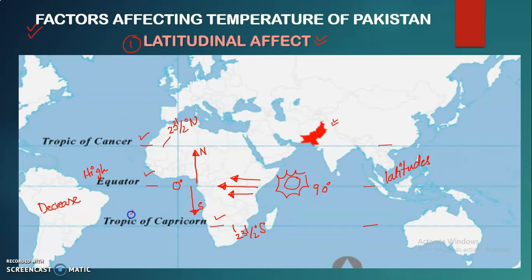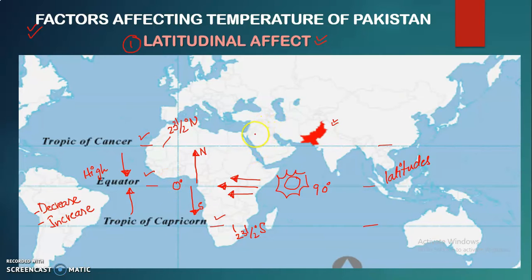And as you move closer to the equator, the temperature would increase. This is the basic phenomenon you need to understand. Away from it, the temperature is lower; closer to it, the temperature is higher.